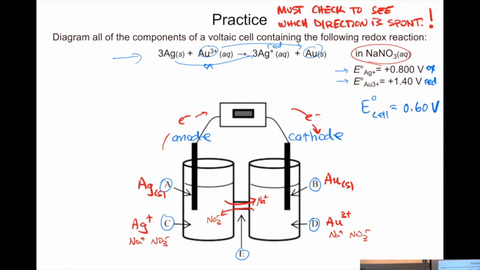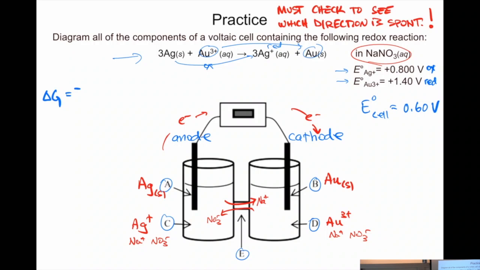Do you want to calculate delta G? How do you calculate delta G? We need to know how many moles of electrons are transferred in this reaction. Can you tell by just looking at it? It's 3. You have to balance the half reactions, but that's an easy one to balance because, as written, it's already balanced for you.